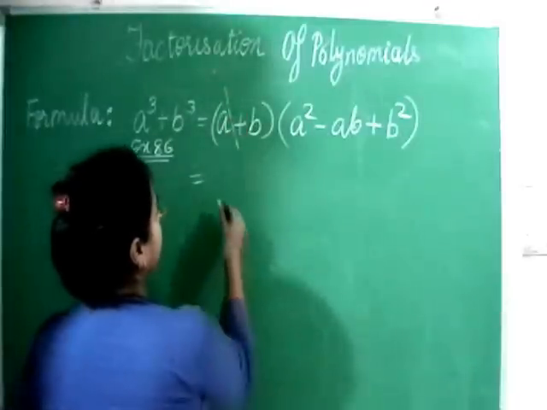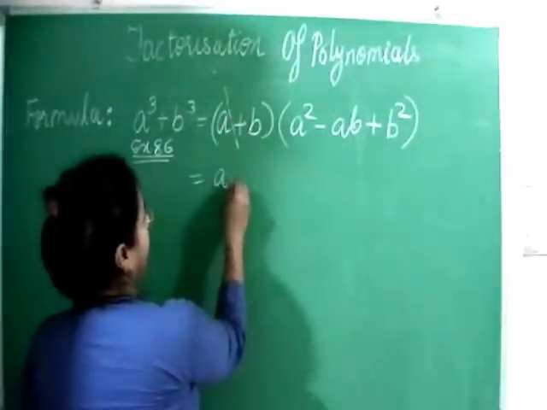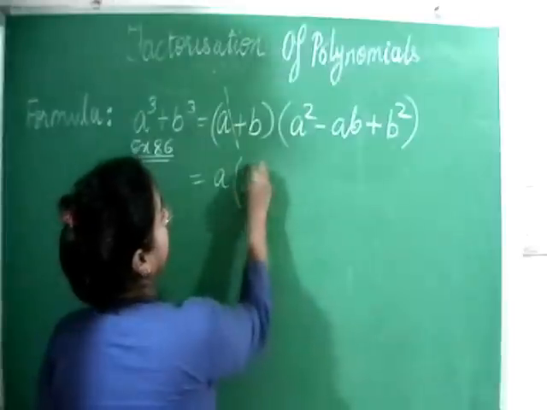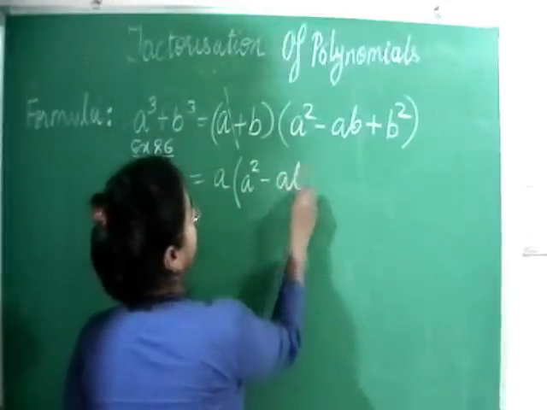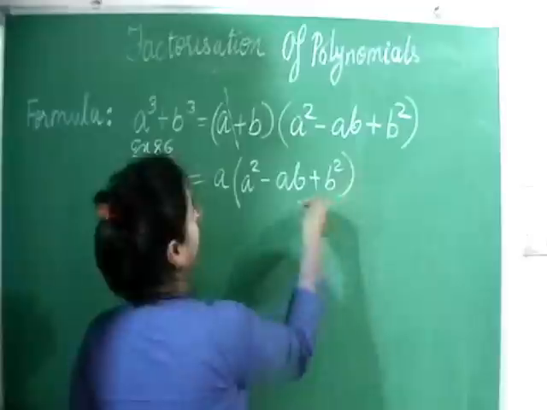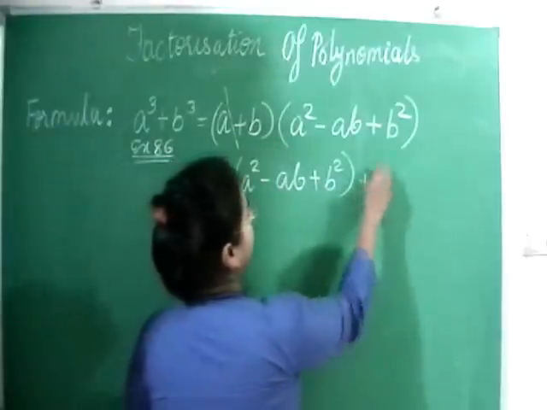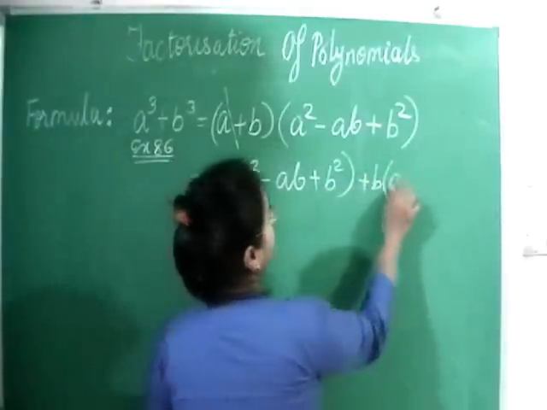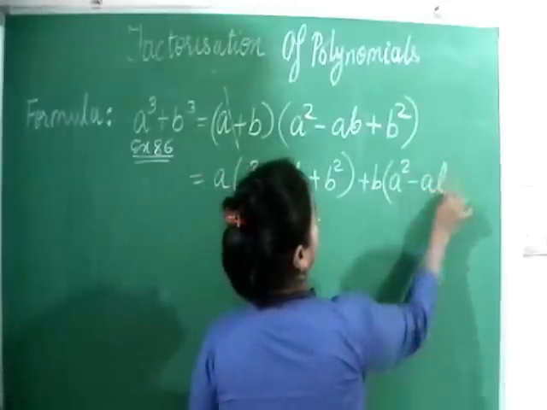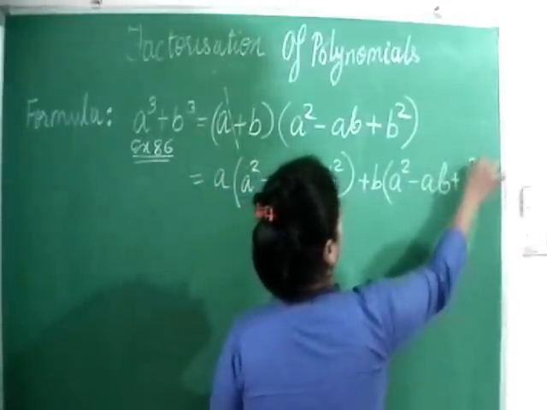Firstly, you cut this bracket into two pieces. a into this bracket (a square minus ab plus b square). Take the other piece, plus b multiplied by (a square minus ab plus b square).